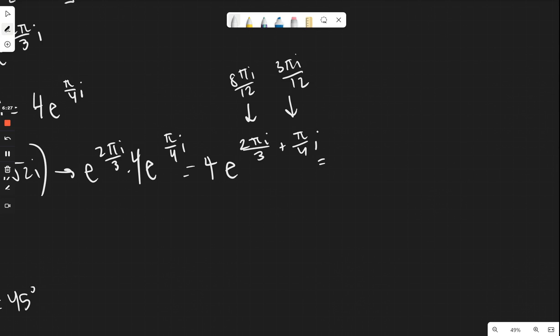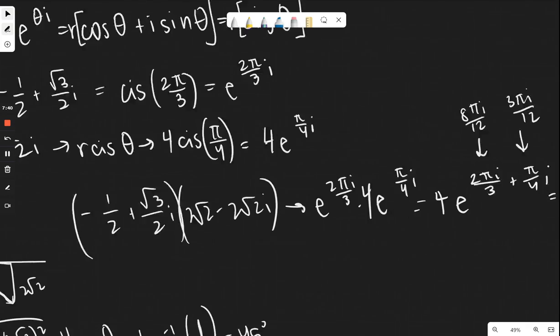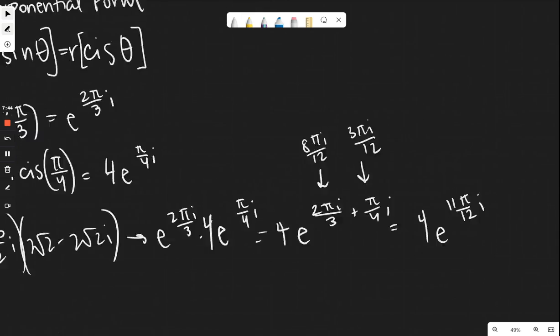So it'll be 11 pi over 12i. So this is 4e to the 11 pi over 12i. Anyways, I think it's much better to do it this way than multiplying that out. But if you want to multiply it out, by all means, be my guest.